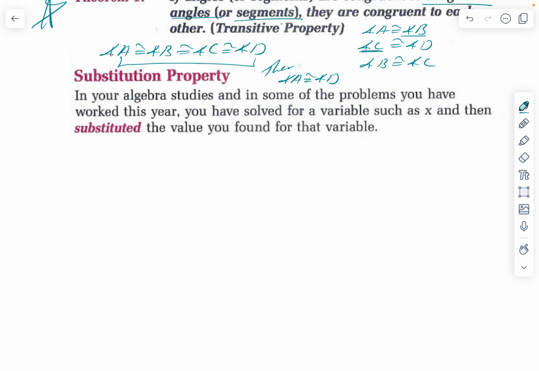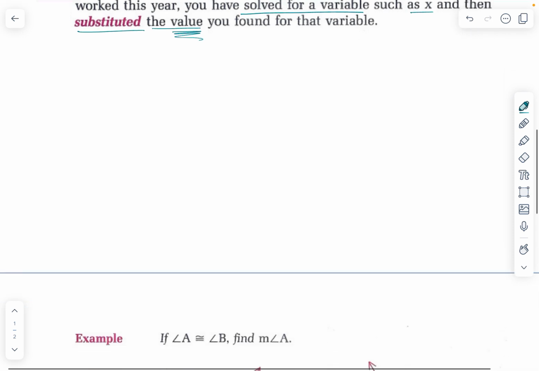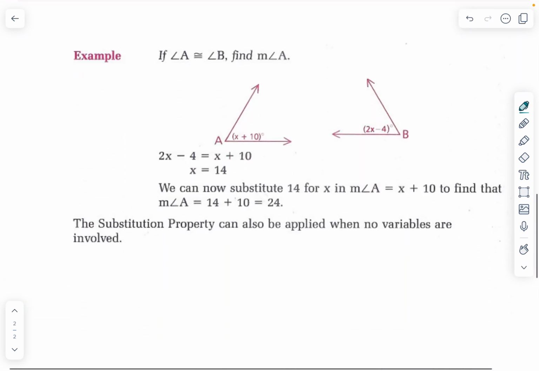In some earlier problems we did this chapter, or this year, I should say, sometimes we solve for a variable, such as x, and then we substitute the value back in for that variable. So if you're substituting in values, then it's a substitution. Only if you can make that chain of reasoning, then you have transitive.